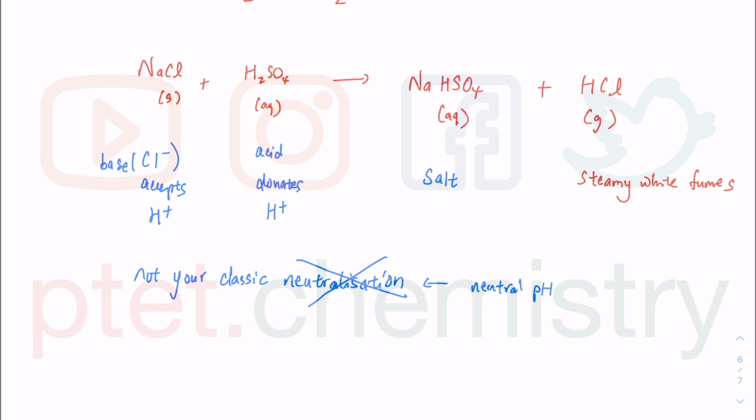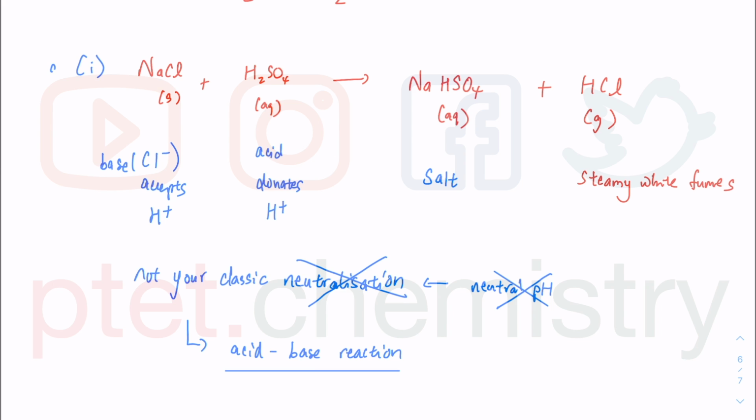Instead, I think you really must call it an acid-base reaction, where you have an acid that donates protons and a base that accepts protons. We would typically call it neutralization, but in these kinds of reactions where we are producing something acidic, we are not really producing neutral pH. So you don't want to always call acid-base reactions neutralization, so just call it an acid-base reaction in this case.